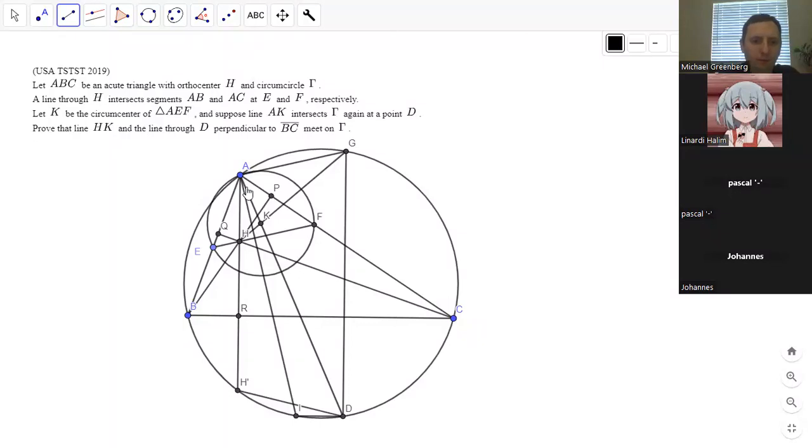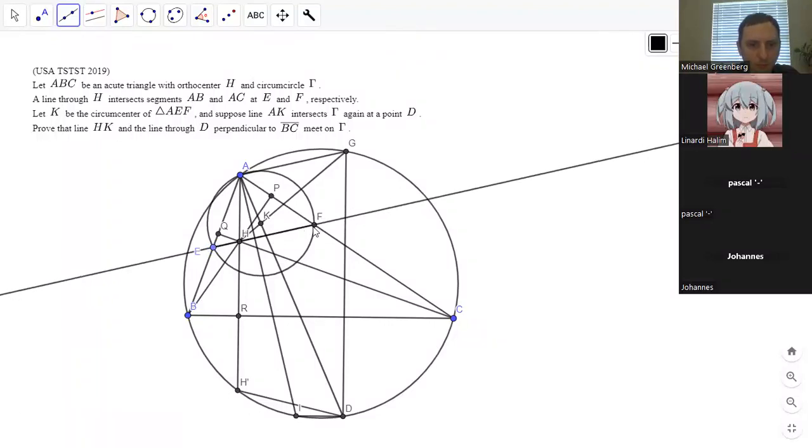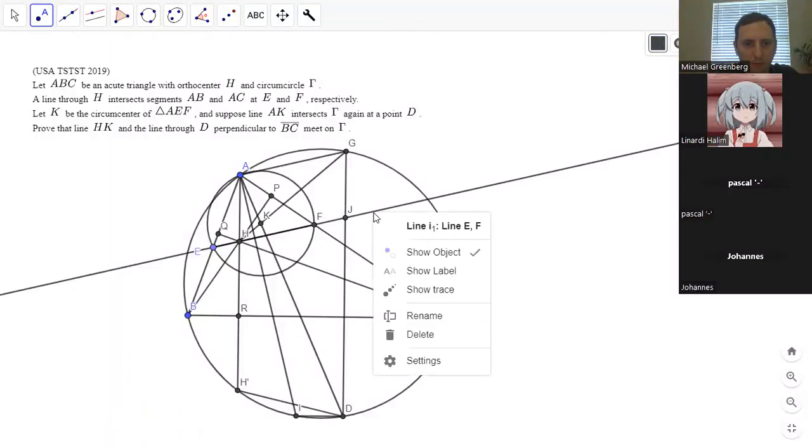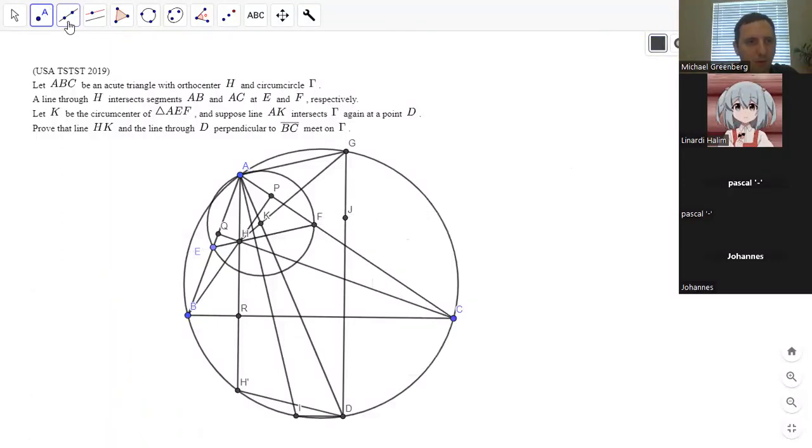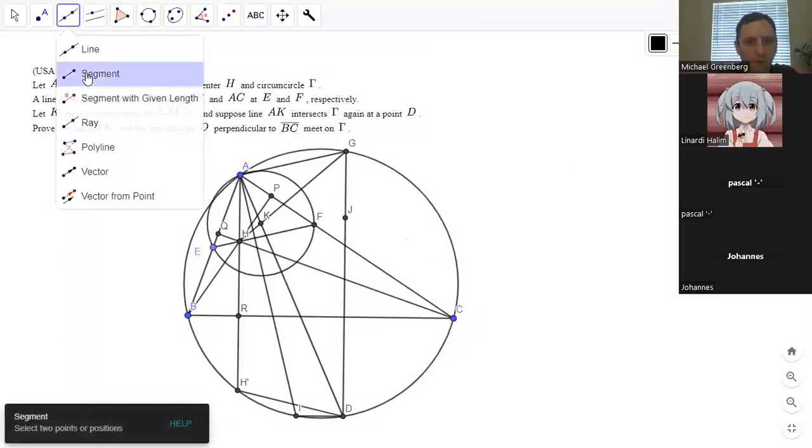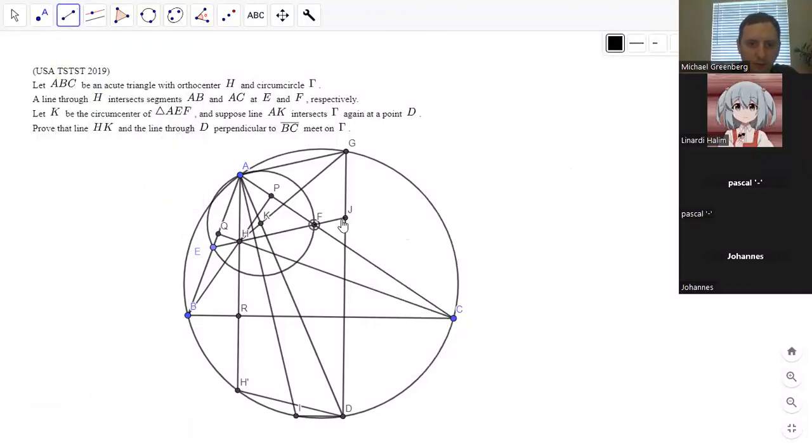And I wonder if AH, I wonder if this would be a parallelogram if we let EF meet GD. Yeah, because if this is parallel to that, then it would be a parallelogram. Okay, so basically we need to show HK as a diagonal of this parallelogram.